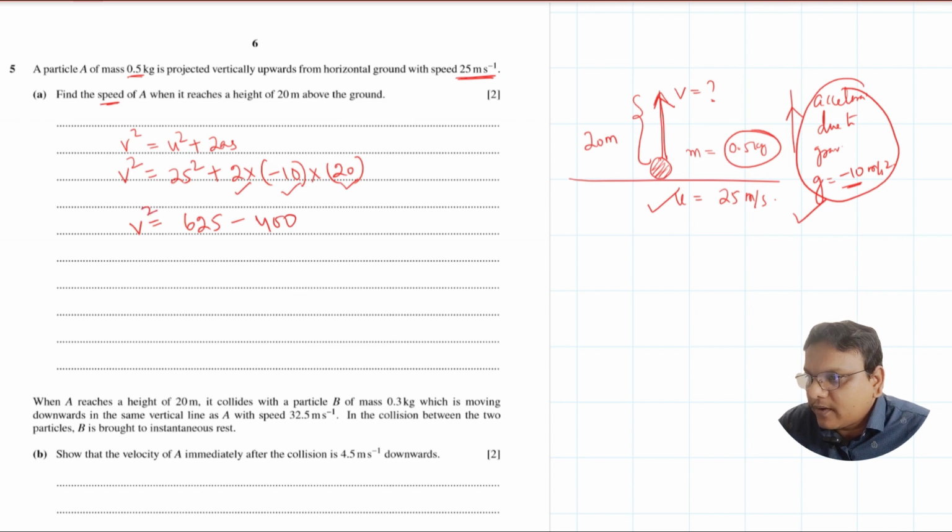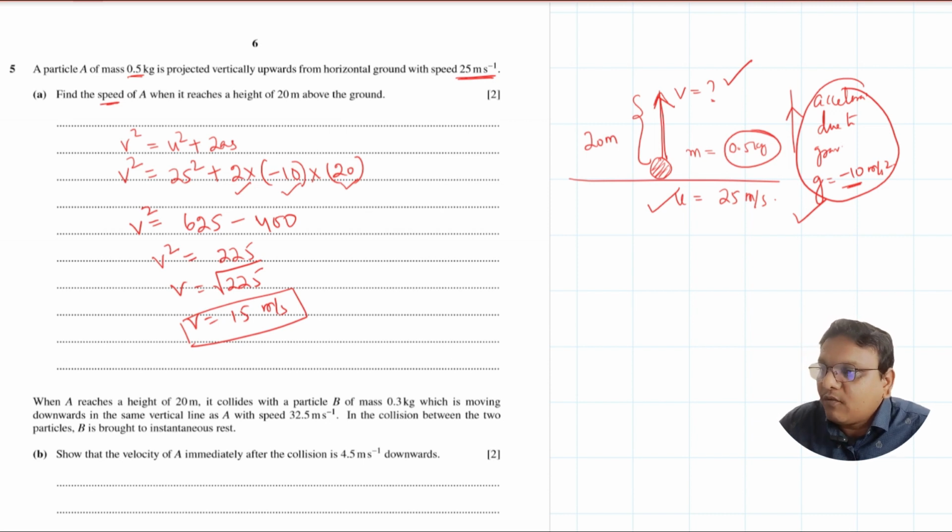And that is v squared. So v squared is equal to 225. So v is equal to square root of 225, so v is equal to 15 meter per second. So we got the velocity, that is the final speed, when it reaches the height of 20 meter above the ground, that will be 15 meter per second. Okay, I hope everybody understood this.